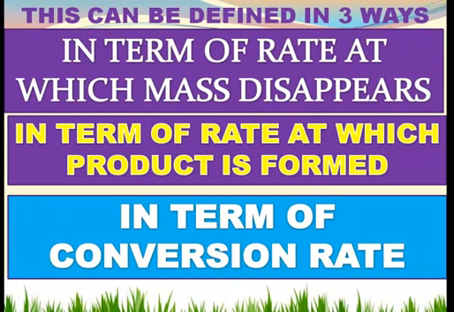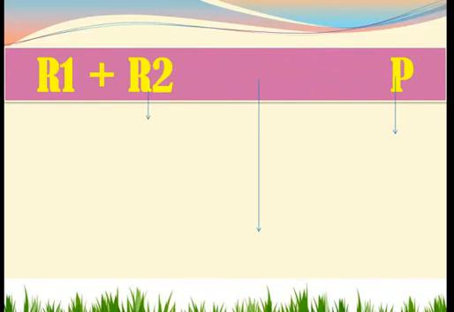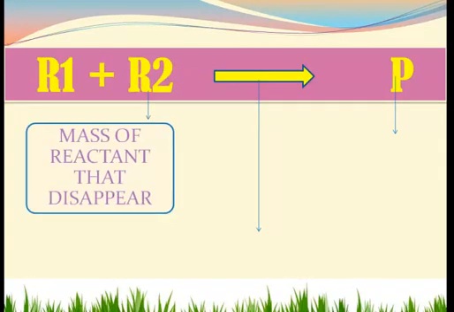Number one, it can be defined in terms of the rate at which mass disappears, or in terms of the rate at which the product is formed, or in terms of the conversion rate. If we have, for example, elements 1 and 2, R1 and R2 being our reactants, and they react together to form our products, then we can look at rate of chemical reaction among the reactants as the mass of the reactant that disappears.